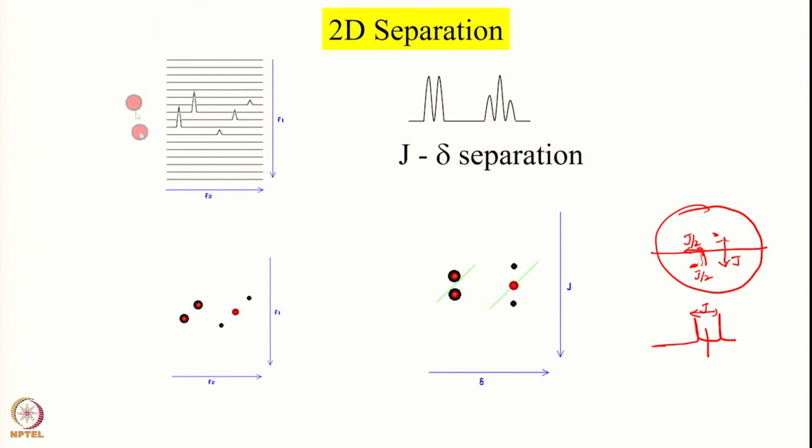We do not want this angle. What we do during processing is move this one to the center, move this one to the left, move this one to the right, and similarly move this one to the left and this one to the right, so that we bring all of these onto the same line, and we bring these two onto the same line. That is what is done here.